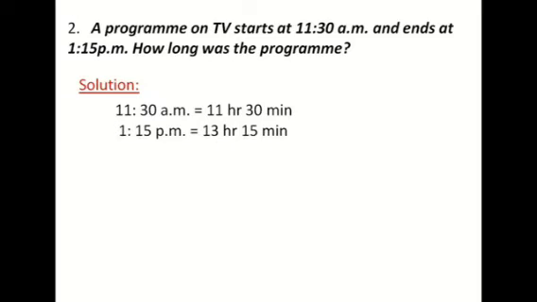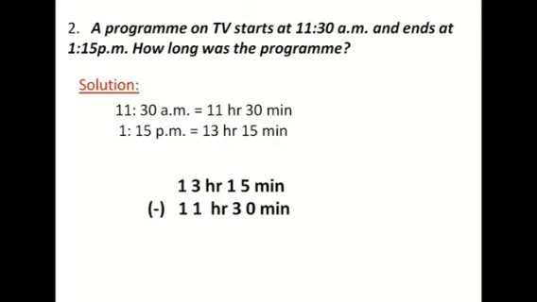Now we will find out the subtraction. So write down 13 hours 15 minutes and down 11 hours 30 minutes. You know how to do the subtraction for time. Here in the minutes you can see 15 is lesser than 30. So what we have to do?